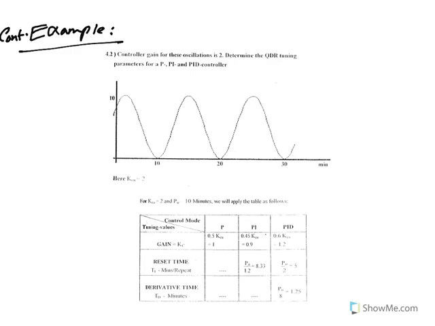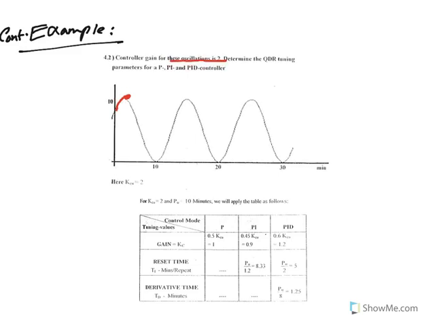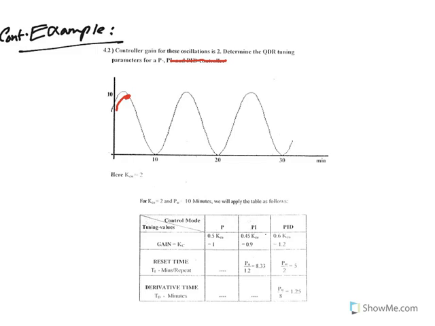In example 4.2, the control gain for this oscillation is 2. Determine the QDR tuning parameters for a PI and PID controller. I give you the process performance here. From peak to peak is Pu, and Kcu, the ultimate gain, equals 2.